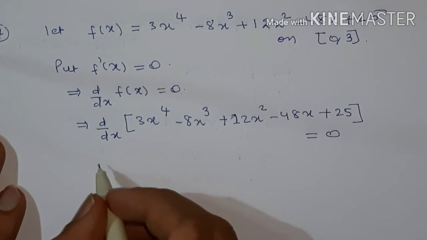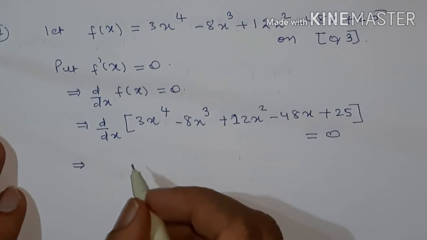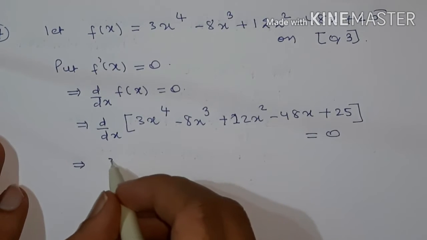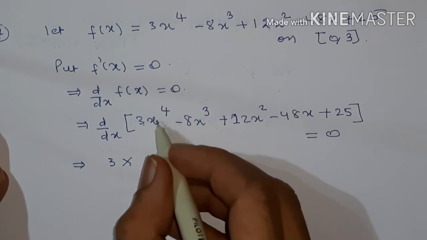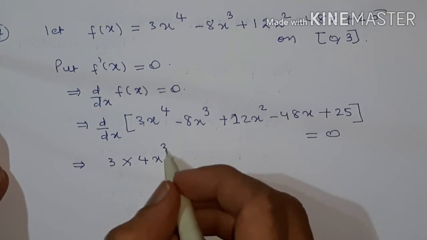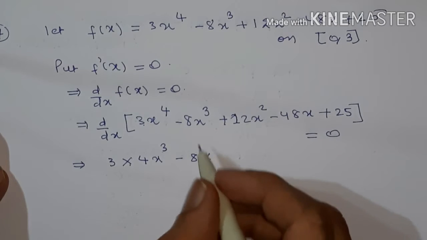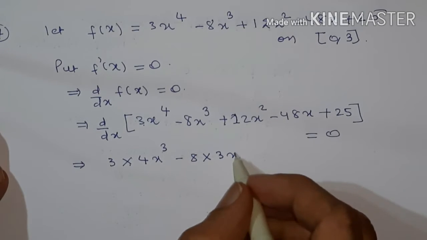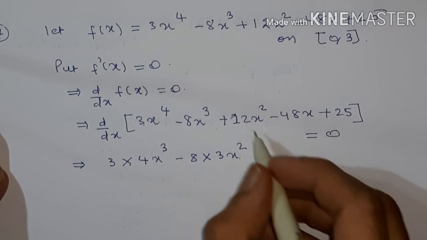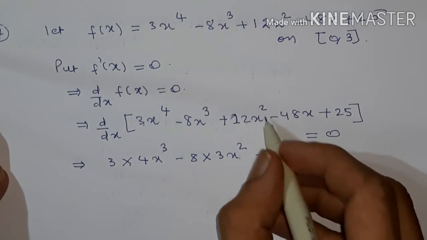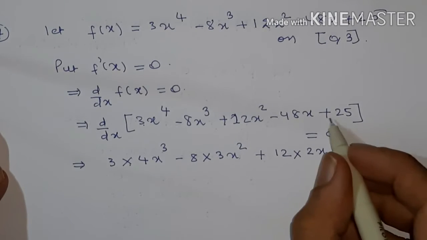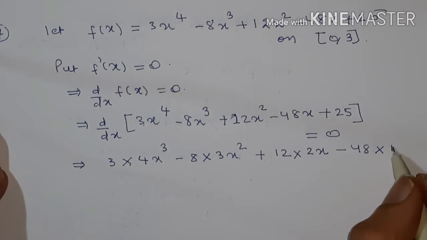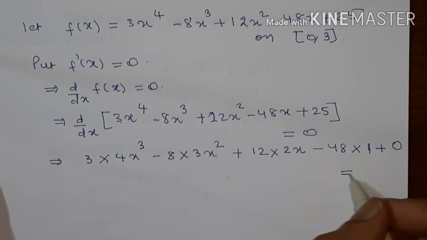So derivative of 3x raised to 4: 3 is a constant, so that is out, times derivative of x raised to 4, so 4x cube, then minus 8 times derivative of x cube is 3x square, plus 12 times derivative of x square is 2x, minus 48 times derivative of x is 1, and derivative of 25 is 0. And this is equal to 0.